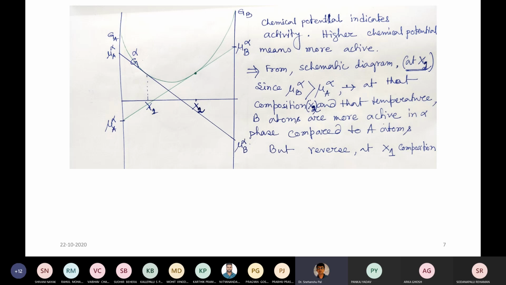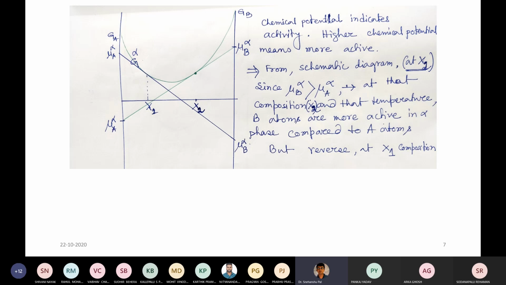That's why you can draw it in two-dimensional form. Otherwise, you would have to take another axis where temperature is a variable. Since you are taking a particular temperature, you can draw it on paper as a schematic diagram. In that schematic diagram, this point corresponds to the X2 composition, meaning the mole fraction of B.